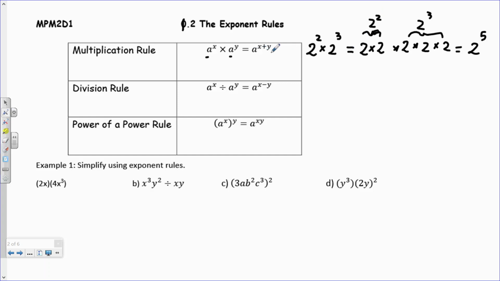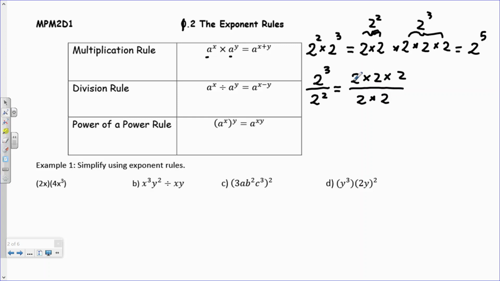That's the reason we add. And for the division rule, if you have powers with the same base and do the division, let me just give you an example. 2 times 2 times 2, 3 times, divided by 2 squared, which means 2 times 2.